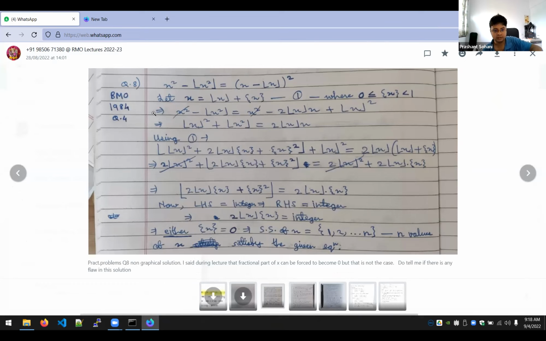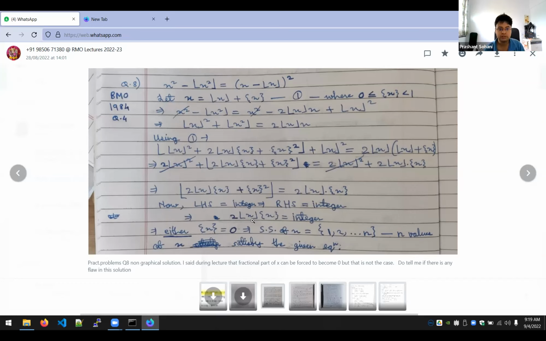I think the calculations which are done here can be simplified to some extent. But anyways, the final conclusion is right that in this line, 2 times the fractional part of x into the integer part of x has to be an integer. Which means that the fractional part can be written as some integer upon 2 times the integer part of x. So basically, that is what we have to check.